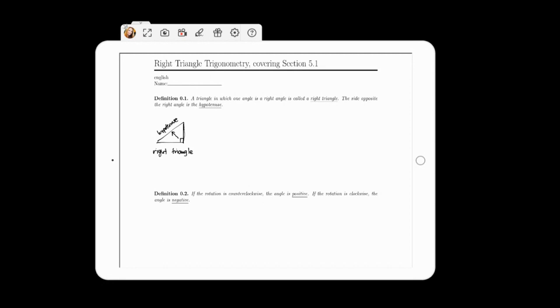Just to make sure we know what an angle is, you have some kind of a fixed point, which is the vertex, and then you have a ray extending from that vertex. This is the initial side. Ordinarily it's drawn exactly in this position. And then we also have a terminal side, so another ray.